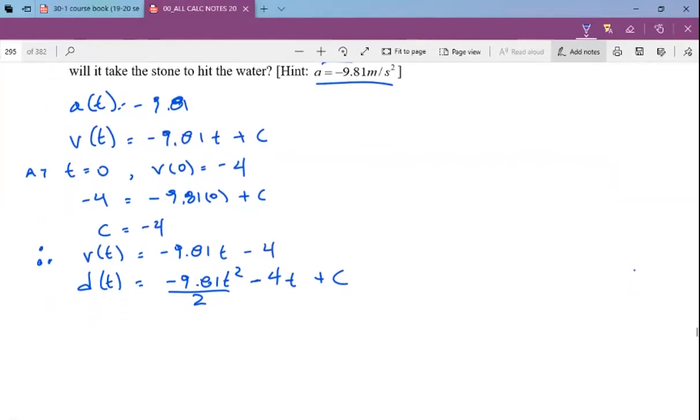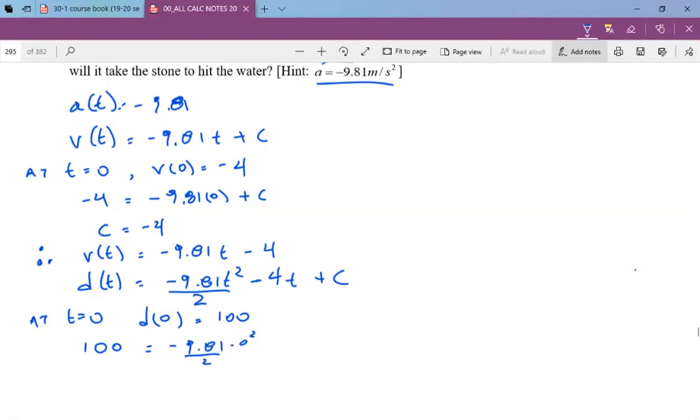But we know our initial condition on displacement as well. We know that at time 0, the displacement, its position, is 100 meters up. So it's positive because it's up on this bridge. So therefore, 100 is equal to negative 9.81 over 2 times 0 squared minus 4 times 0 plus c, and so c is equal to 100.